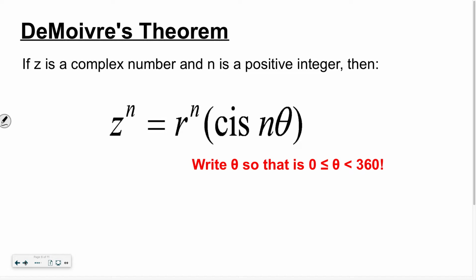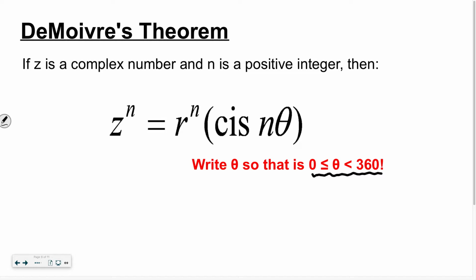Okay, and remember that in the end, your theta has to be between 0 and 360. An easy one to imagine would be, let's say in my original complex number that theta was 100. Well, if I raise it to the 4th power, then inside this cis, I'll have 4 times 100, which is 400.